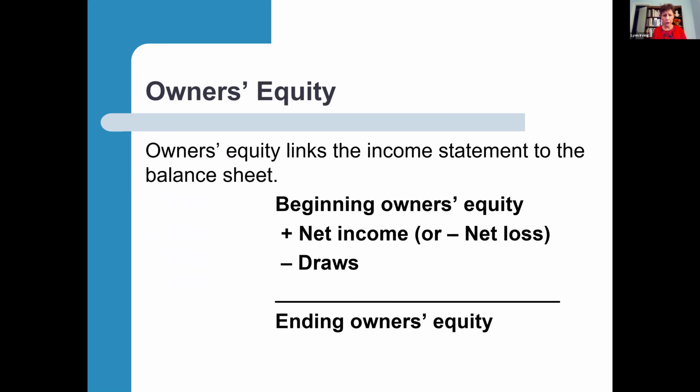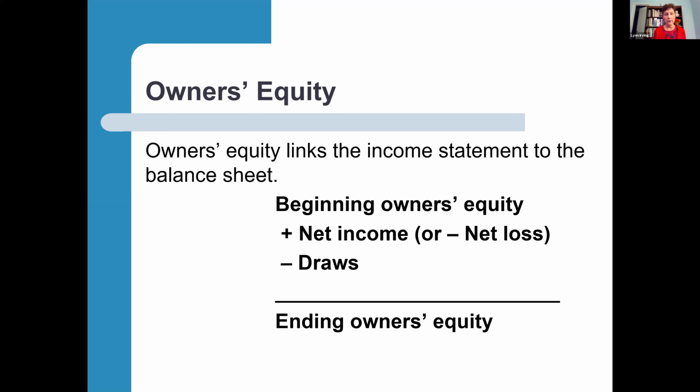Okay, the owner's equity statement, we're not going to focus on this, but I want to show you how it links the income statement to the balance sheet. So beginning owner's equity, let's say you started your business with $10,000 and during your first year, you earned $5,000 in net income and you didn't take any withdrawals, then your ending owner's equity would be $15,000 at the end of the year.